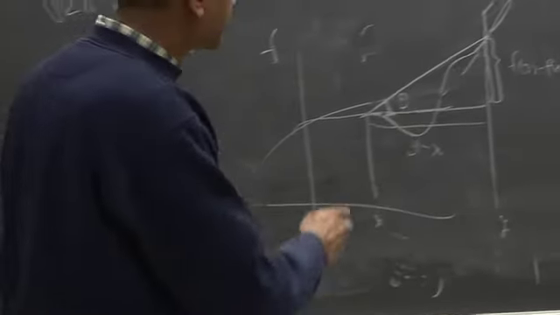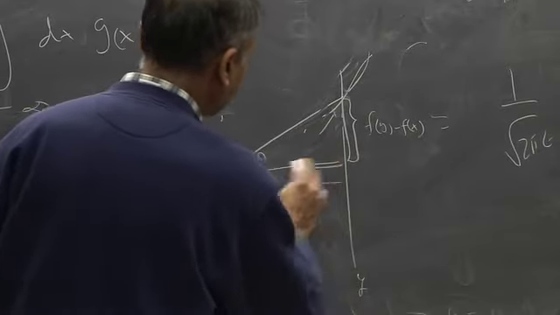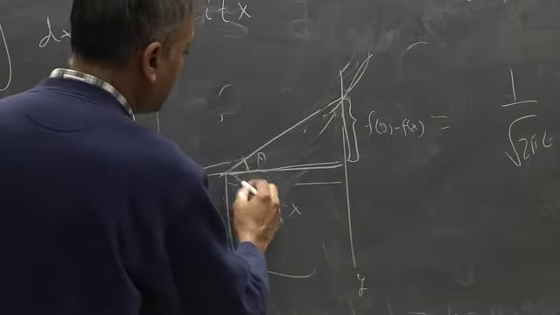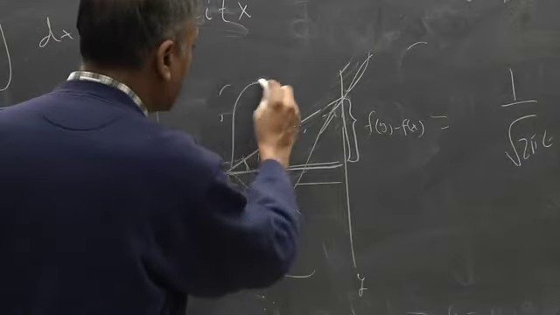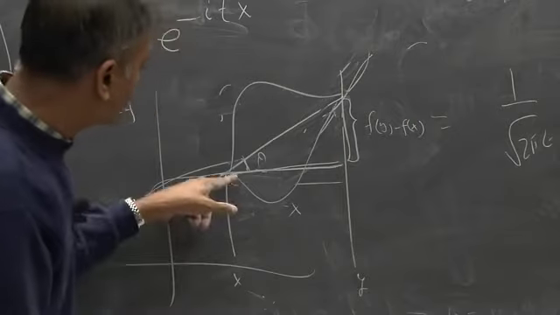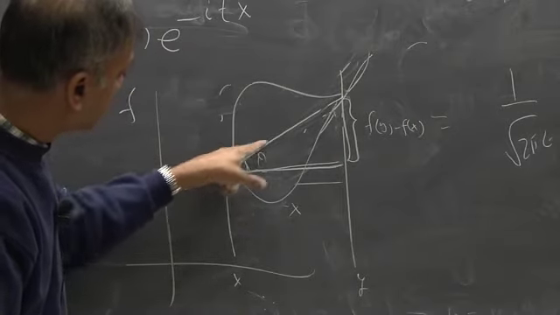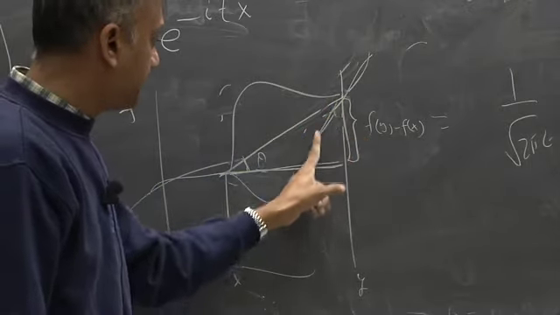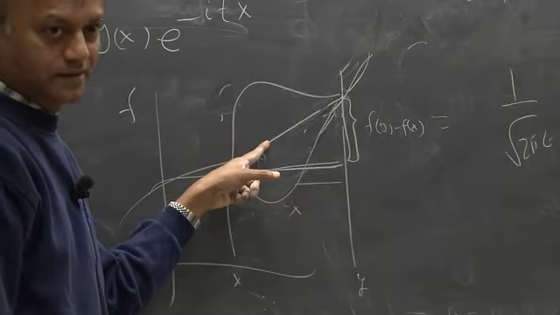But if you take any other curve which deviates from this straight line, the function could go in any possible way. One I drew was something like that. Another you could imagine going like that, or even more going around like this. But in every case, if the function goes down and then has to come up again and meet at the same place, at some place its slope must be more than the slope of the straight line.